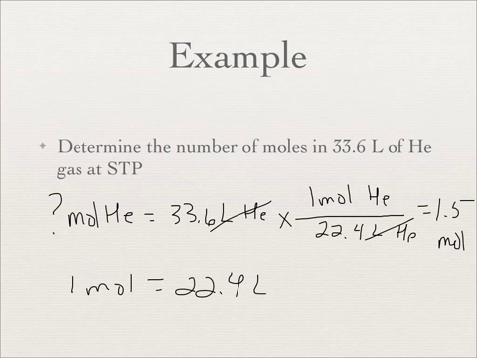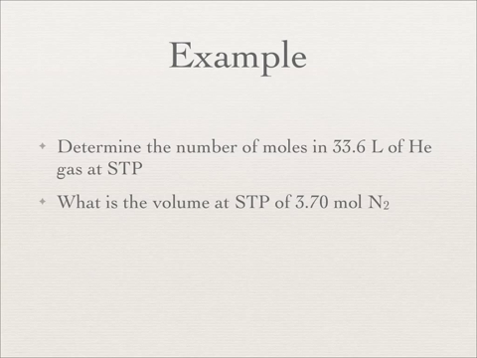If you look on your mole map, it kind of tells you whether you're going to multiply or divide this time. So take a look at that map. That should help you out. The next one says, what's the volume of 3.7 moles of N2?